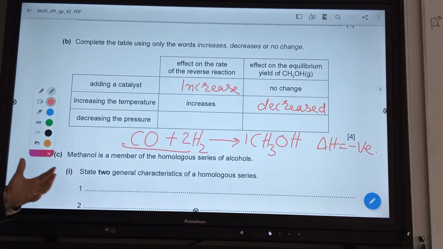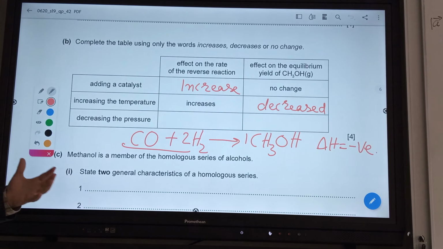Second, by adding a CH2 group, we get the next member of the same series.